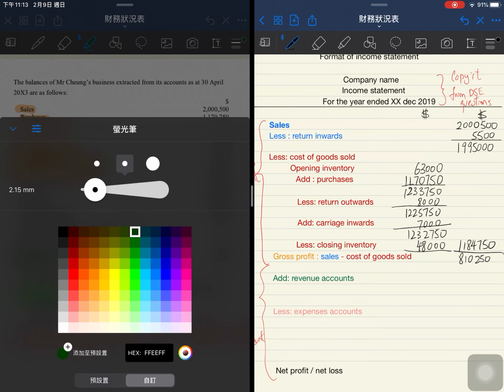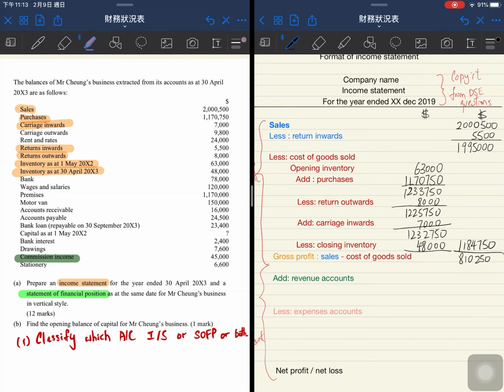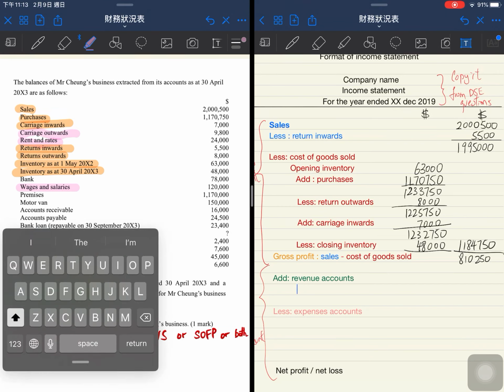And for the expenses accounts, we have carriage outwards, rent and rates, bank charges and salaries, bank interest, stationery. So we record them one by one. Commission income.